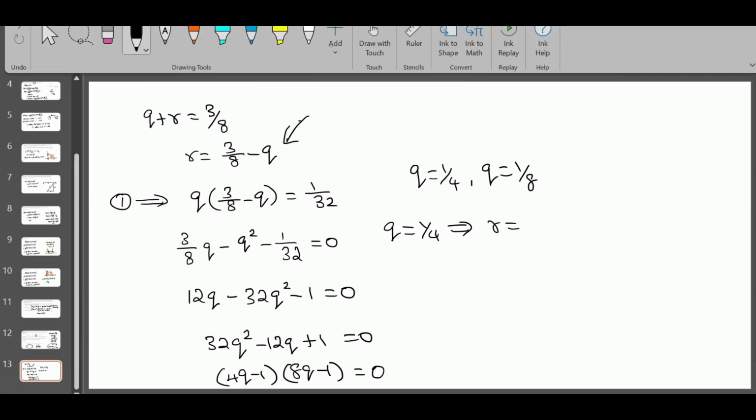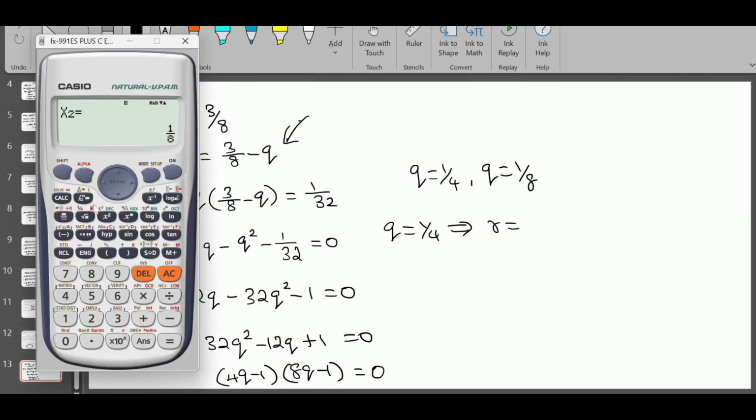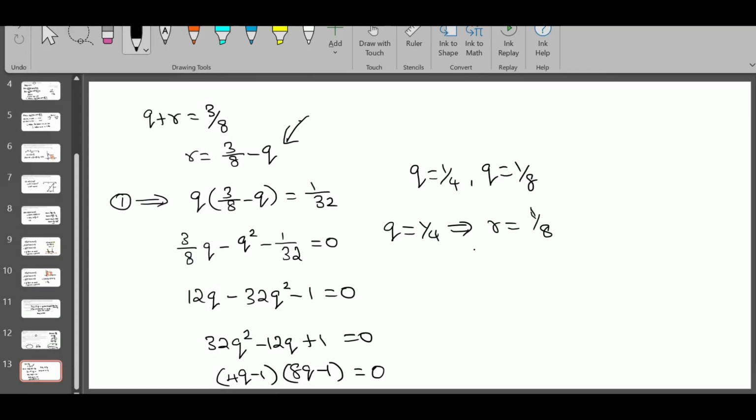So when you substitute Q equal to 1 over 4, R is going to be 3 over 8 minus 1 over 4, which is 1 over 8. So Q is bigger here. Try 1 over 8. 3 over 8 minus 1 over 8 is 2 over 8, so R will be 1 over 4.